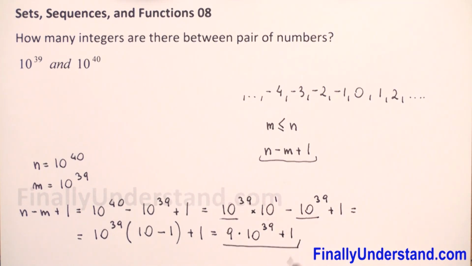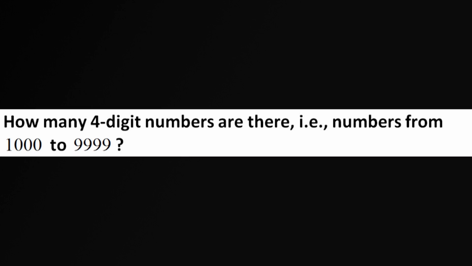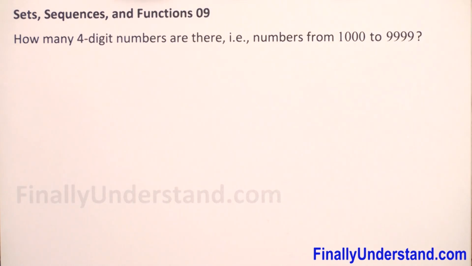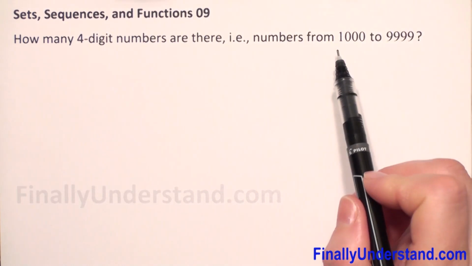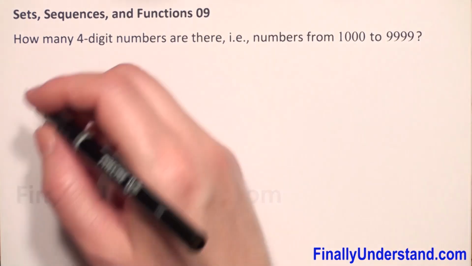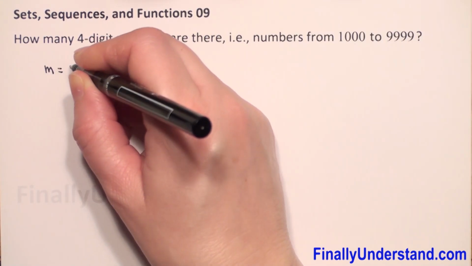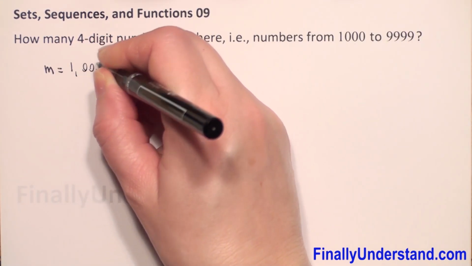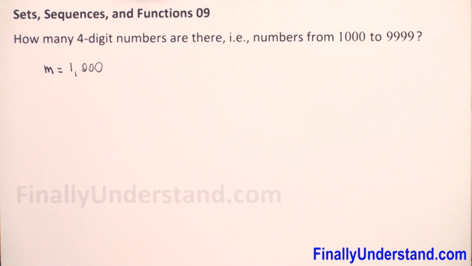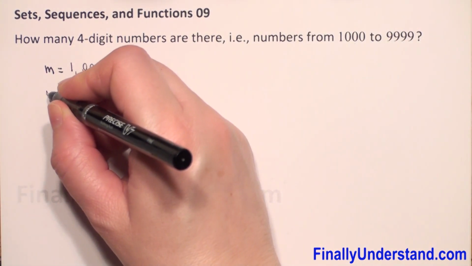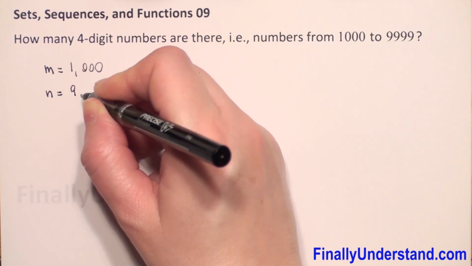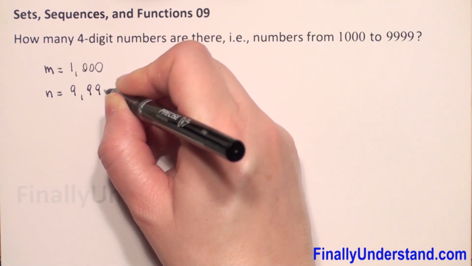This is my solution. We have to find how many 4-digit numbers we have. We know that the smallest 4-digit number is 1000. So let me put that m is equal to 1000, and the largest 4-digit number is 9999.